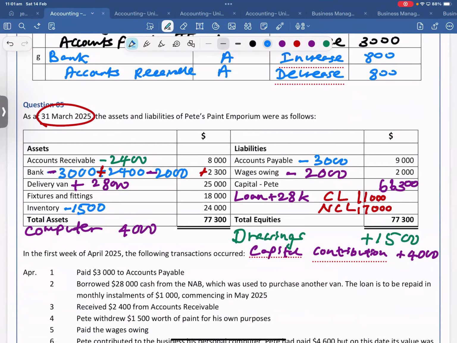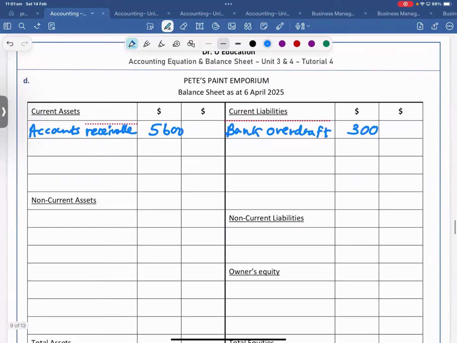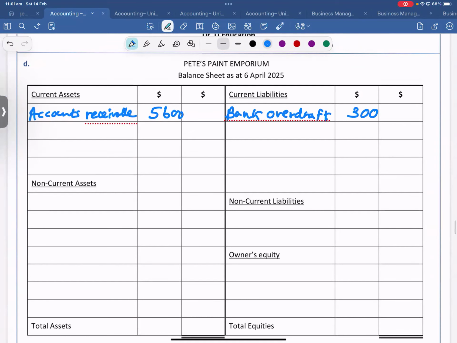Next one. Oh, yeah, you're correct. Delivery van. How much? It would be 53,000. Yes. Delivery van. Non-current asset.